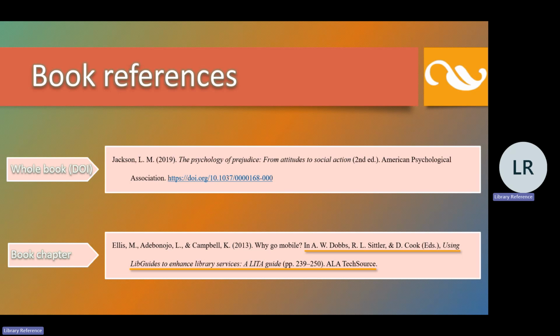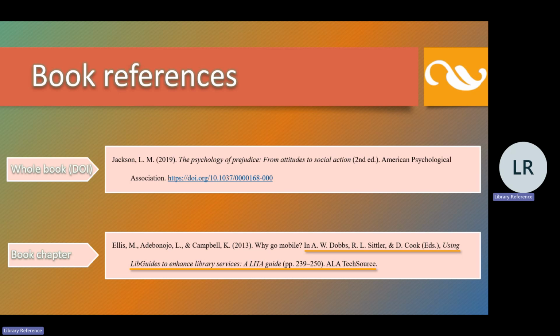In this case, we have three: A.W. Dobbs, R.L. Sittler, and D. Cook. The names of the editors are accompanied by the abbreviation eds in parentheses to signify that these are the editors. Then we have a comma. Then we have the title of the book, Using LibGuides to Enhance Library Services, A LITA Guide. Notice that the title is in italics because it's the title of a standalone work.